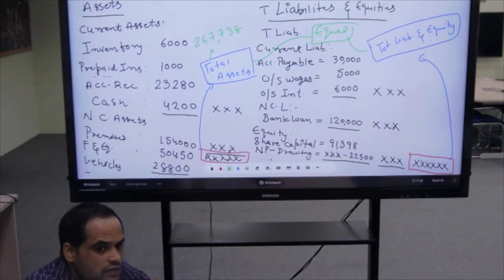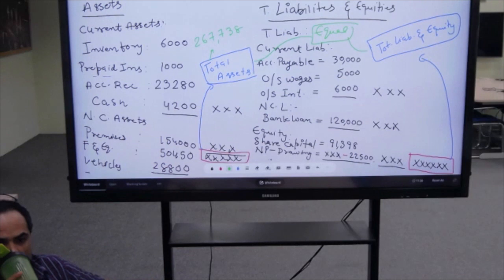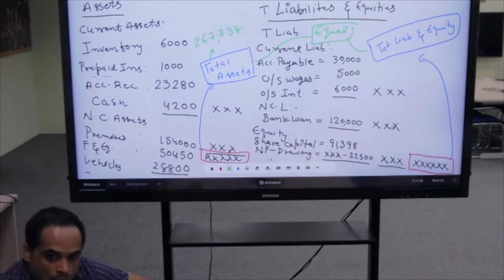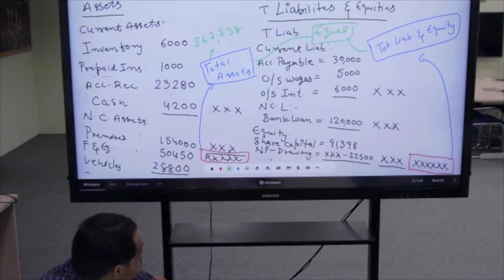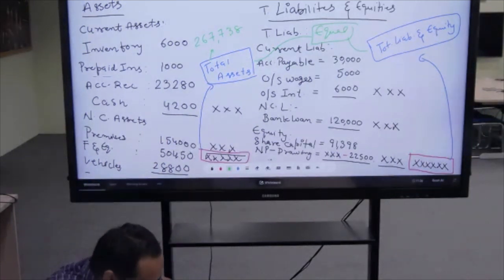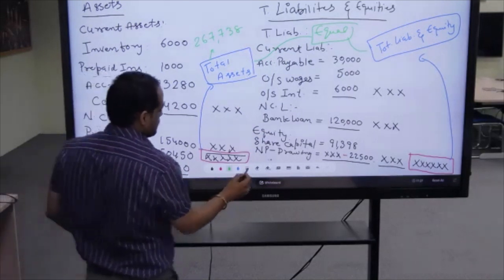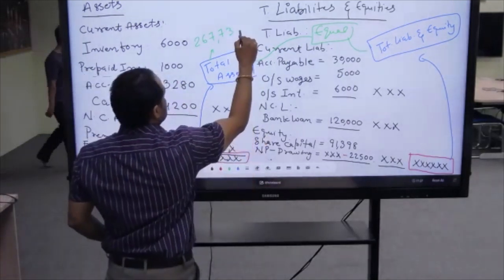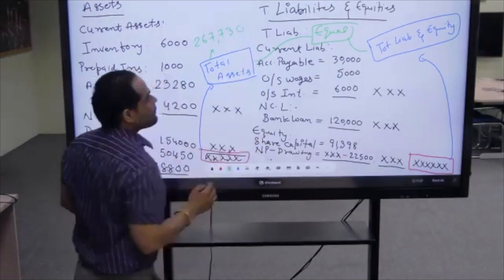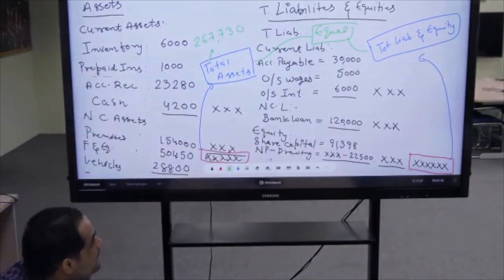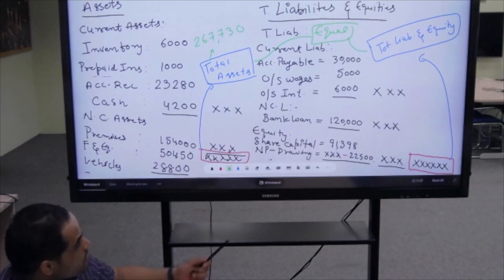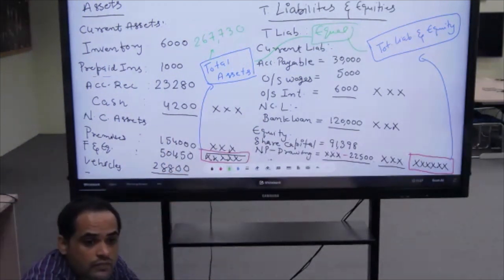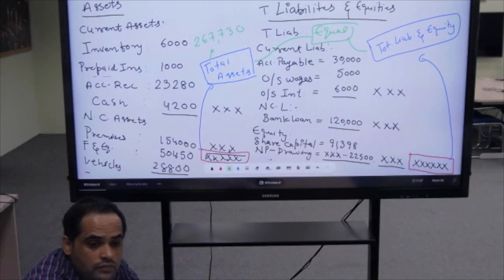Check, is it equal or not equal? And then let me know. Yes, 267,730. So you asked me about total liability. Just tell me the total number. Is it equal or not equal, your total liability and equity?